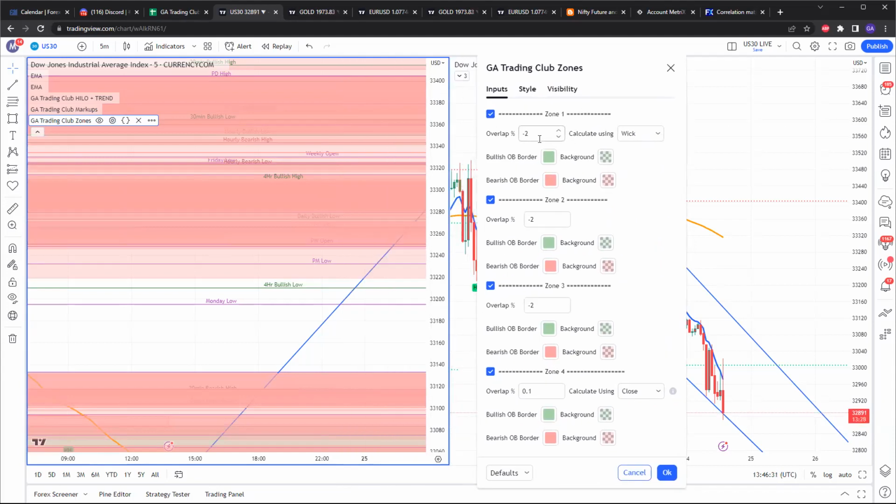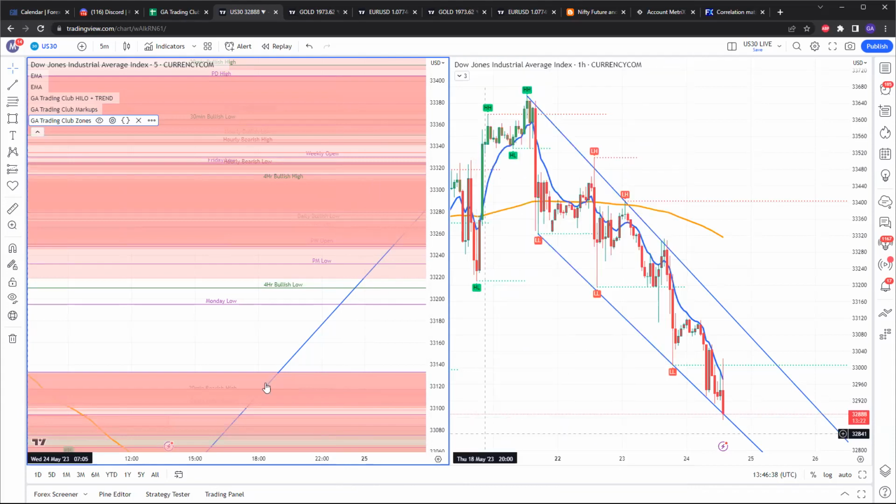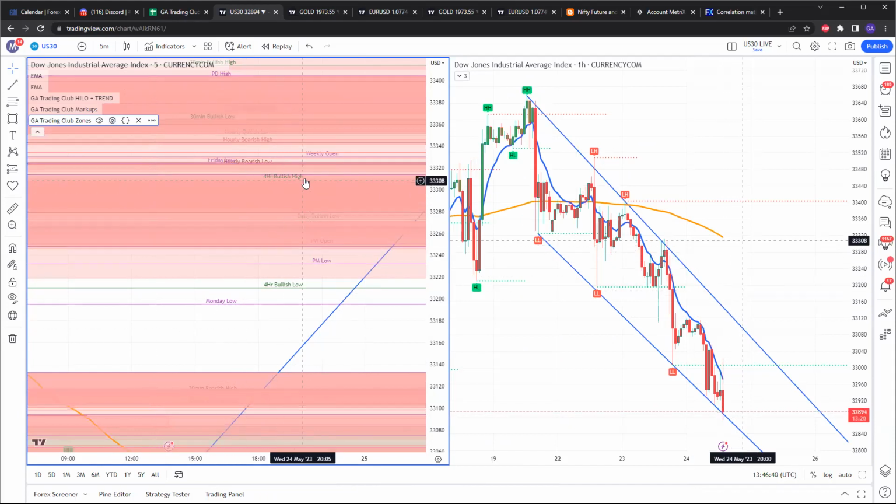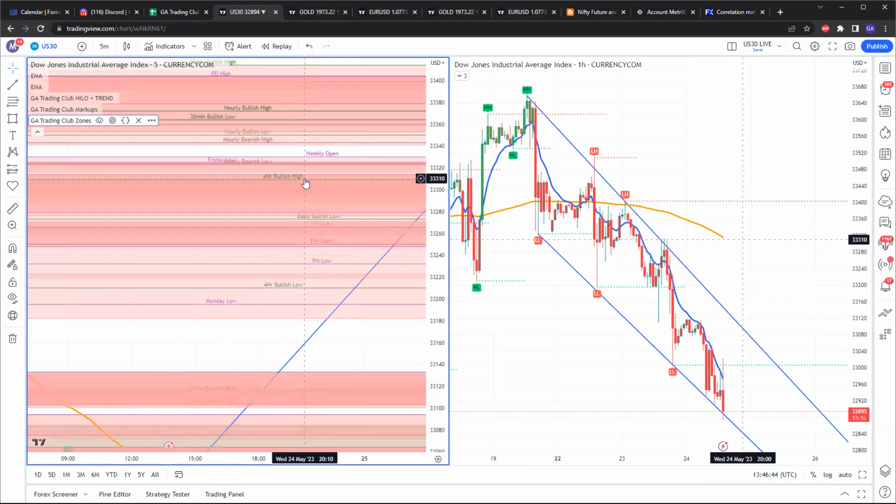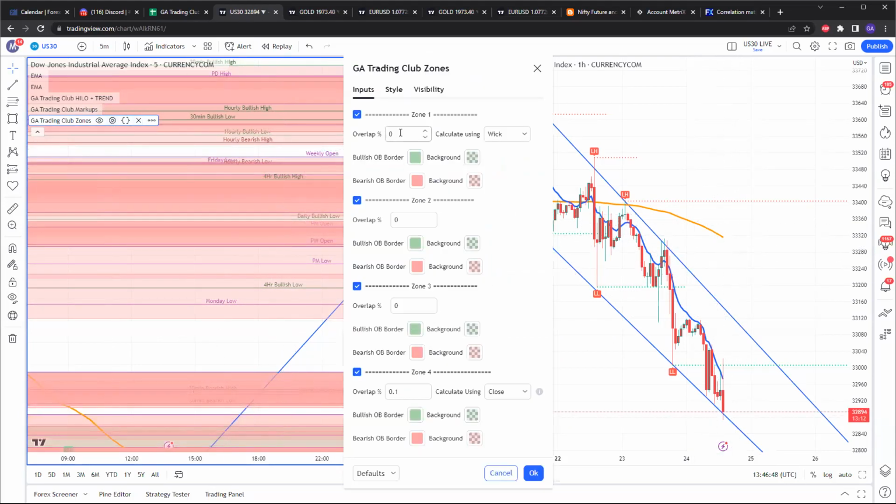Now, ideally, if you leave everything at 0, that's the default. And if I do this, you'll see on the chart these zones will change. There you go. So you can see how the zones are changing. So you want to play around. Zero is definitely the default. For me, I'm using -2 because I want these zones to be closer together and overlapping with each other.